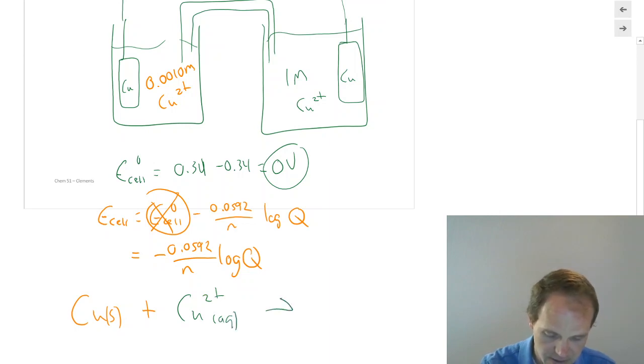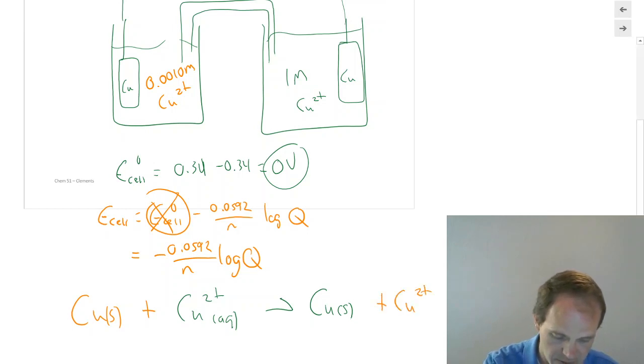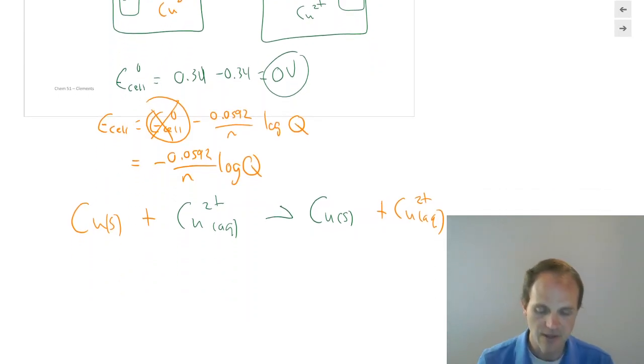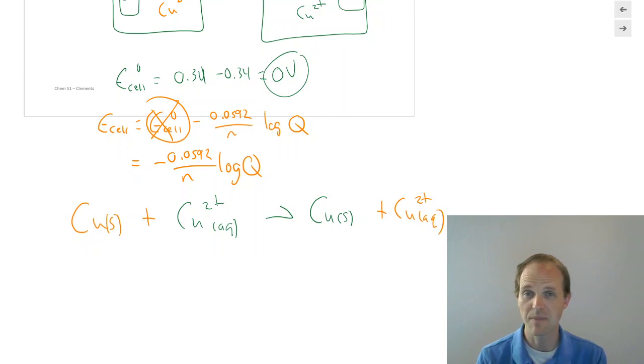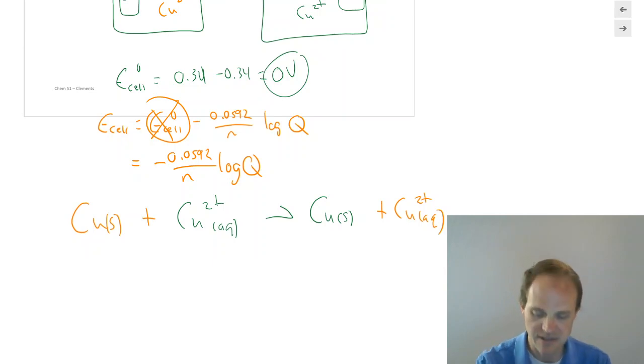And that's going to go to copper solid in green and Cu2+ on the left. Okay? So I wrote this kind of proposal about what might happen. I'm saying, hey, maybe the copper on one side is going to oxidize and the copper on the other side is going to reduce. Let's find out what that does.